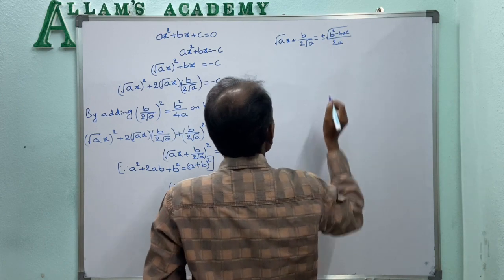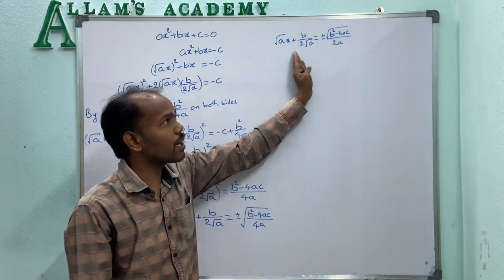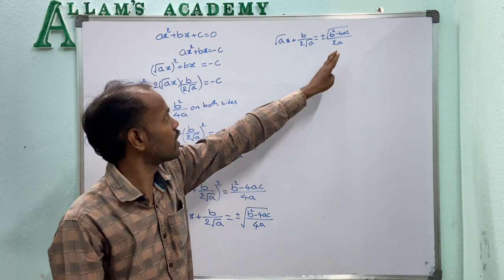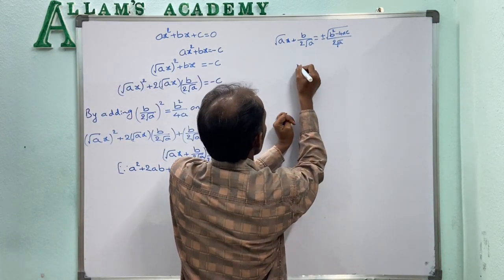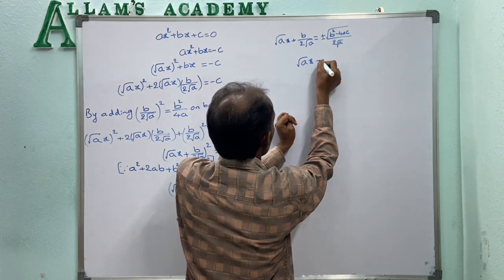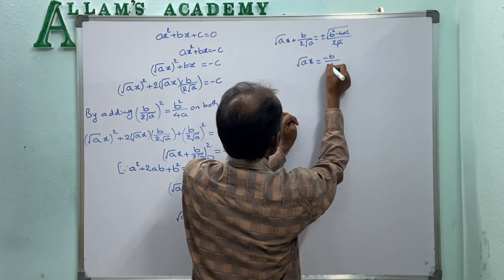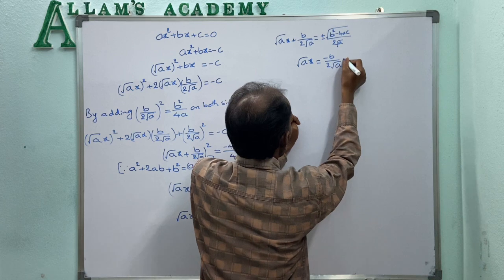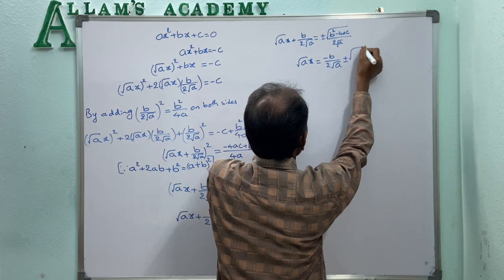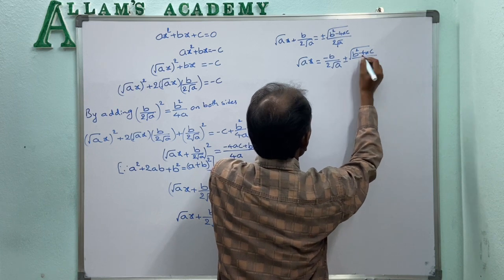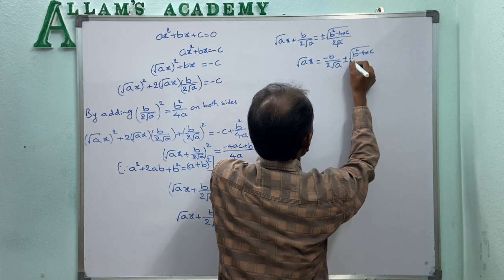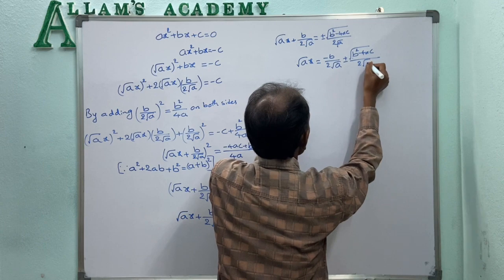Now this plus b by 2 root a we transfer to that side, minus b by 2 root a. So root a x is equal to minus b by 2 root a plus or minus under root b square minus 4ac by 2 root a.